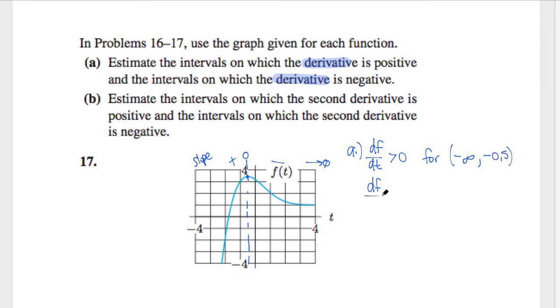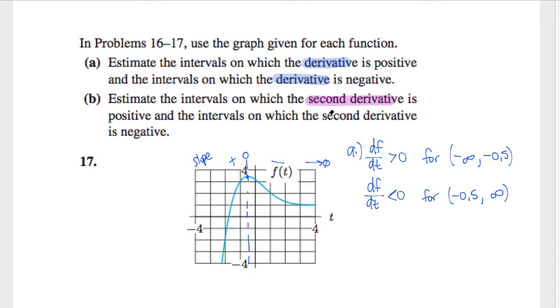And df/dt is negative for negative 0.5 pretty much to positive infinity. So we're not sure that it actually gets to 0, so we're going to assume that it's like a horizontal asymptote.